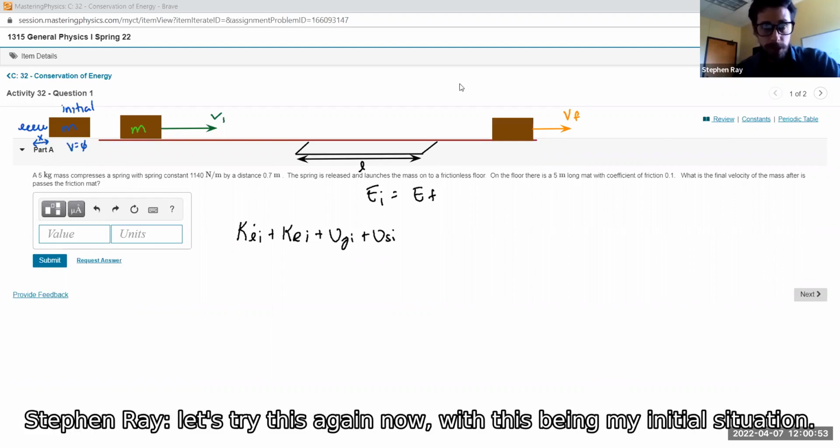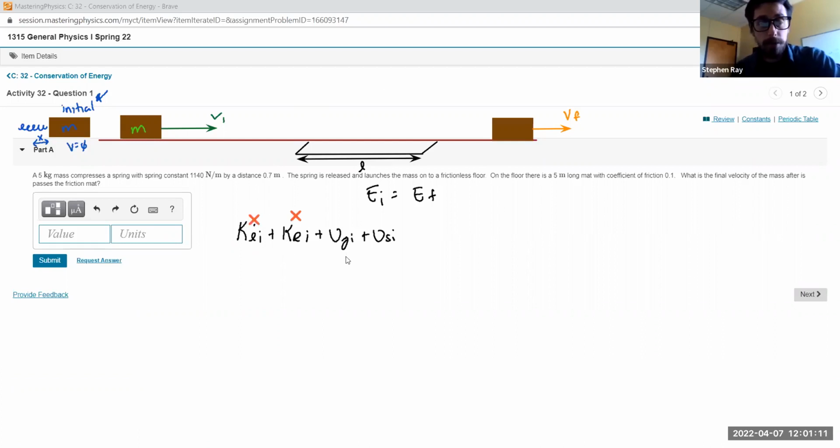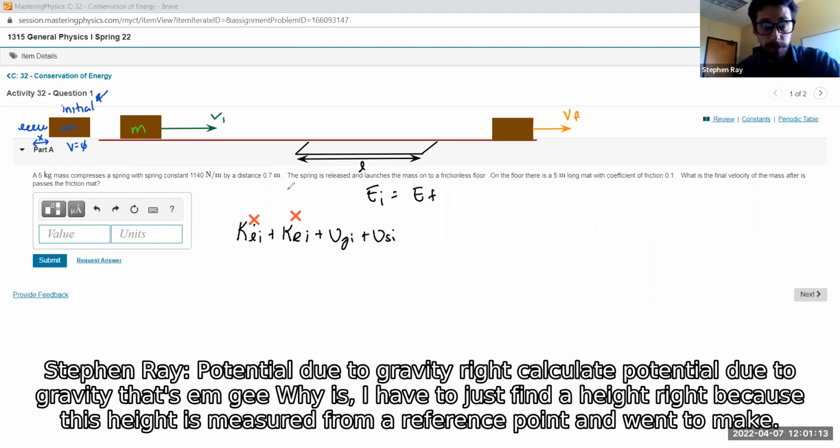Whew, let's try this again. Now, with this being my initial situation, is my object moving with a linear velocity? The answer for this initial situation is no. It's at rest. It's still not rotating. Potential due to gravity: how do I calculate potential due to gravity?